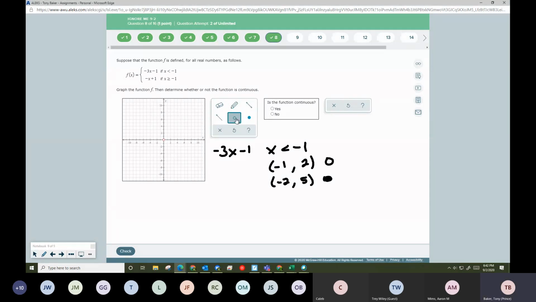So we've got an open dot at (-1, 2), oh, not negative 2, positive 2, and then a closed dot at (-2, 5). And then we draw our line that way.